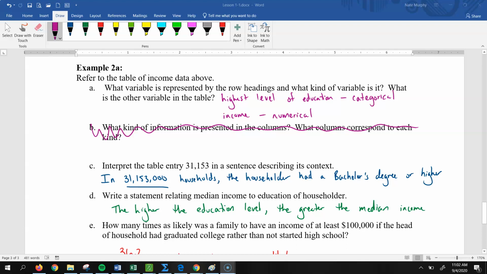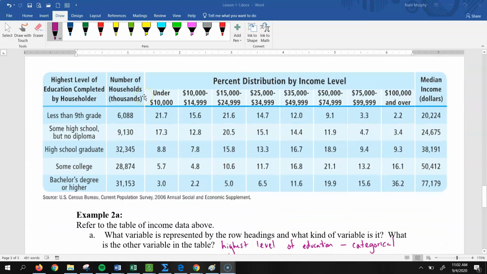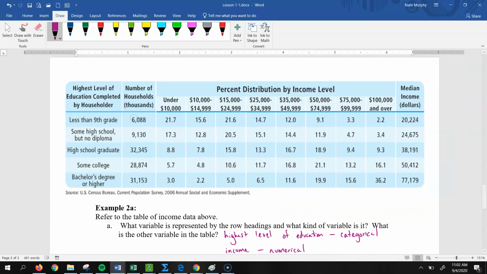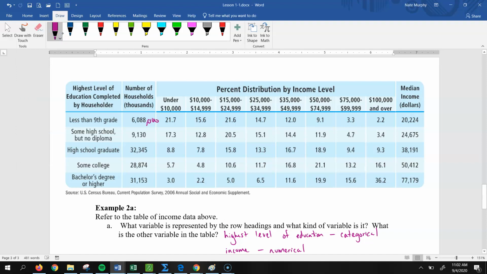All right, the next question, part C, says, interpret the table entry 31,153 in a sentence describing its context. Now, notice my answer here. 31,153 is each of these numbers in the table. If you look at the top here, each of those numbers represents thousands of people. So really what that means is that you need to add three more zeros after each of those numbers.